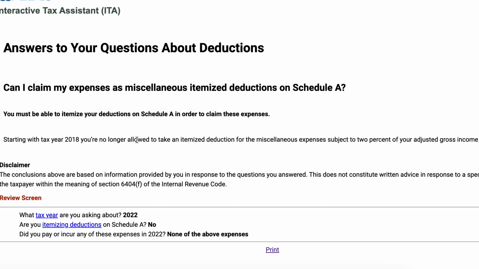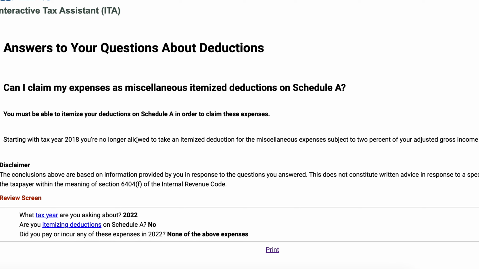Back in 2017, the Tax Cuts and Jobs Act had a provision that between 2018 and 2025, there was a sunset period on the ability to group together certain miscellaneous expenses that would be subject to a 2% floor of your AGI.